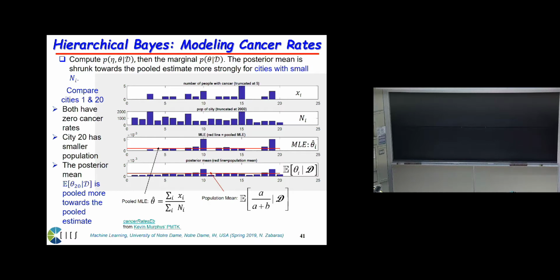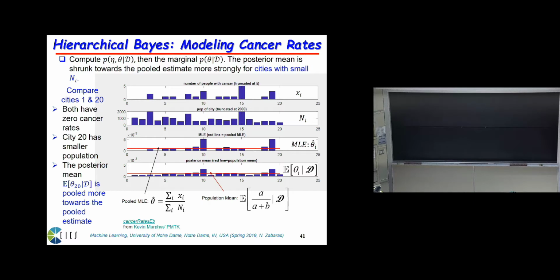Say it again? Yeah, very big population and a very high number, actually, of cancer rates. So basically, you're very confident that the data that we have for CT15 are reasonable enough to make an estimate for CT15 without needing to use cities that have 0 cancer rates. So in some sense, even the MLE estimate for CT15 is very good, right?